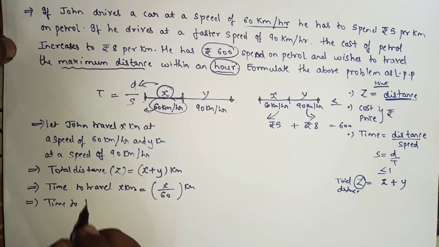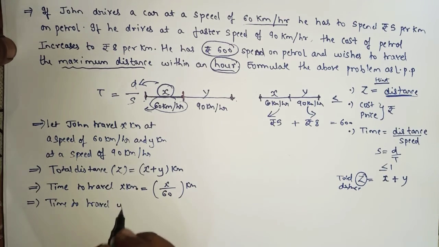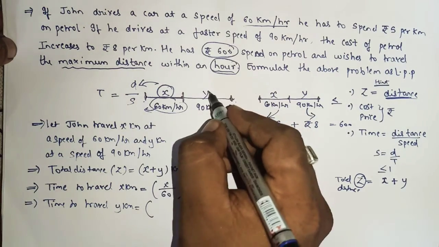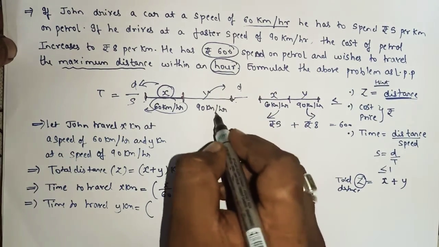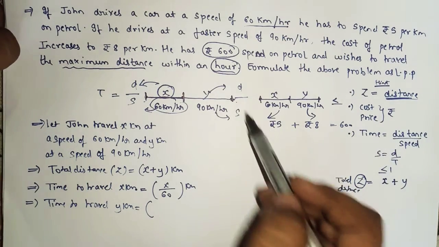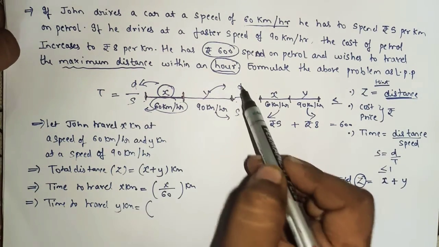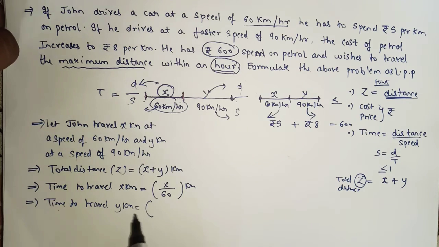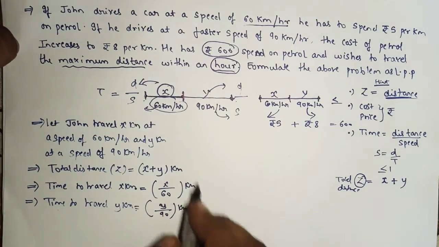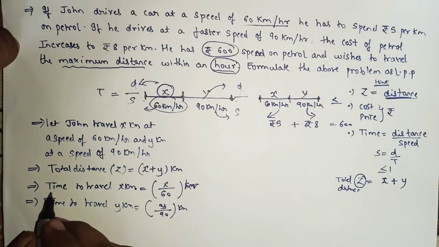Time to travel y kilometer is what? This is distance, and this is speed. So you will come to know that it is in the form of time equal to distance upon speed. So distance is y, speed is 90. Here hour will come as we have to find the time to travel.